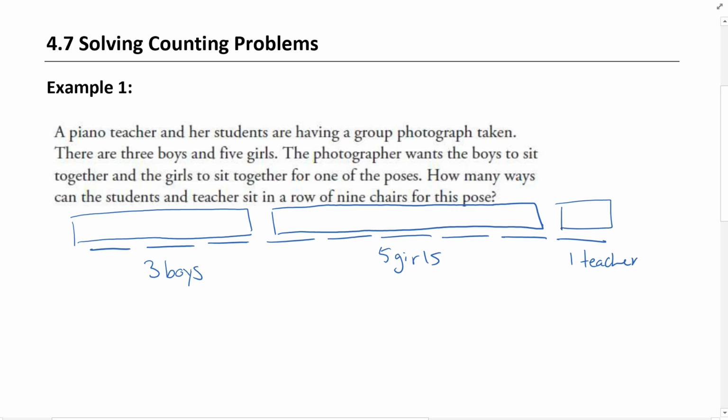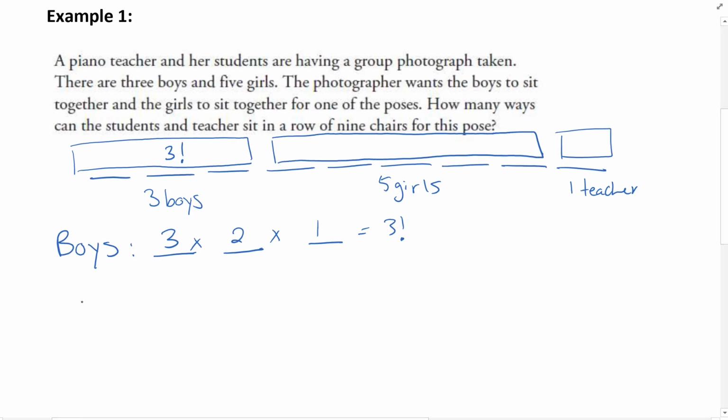Now, the 3 boys themselves can sit in the first, second, or third position, and then they can have all the different arrangements in those 3 positions. So that would give me 3 times 2 times 1, or 3 factorial. If we just use the boys here in those 3 positions, any of the 3 could sit here. Once the 1 kid sits down, then any 2, and once that person sits down, then that's the last one. And that would give us 3 factorial.